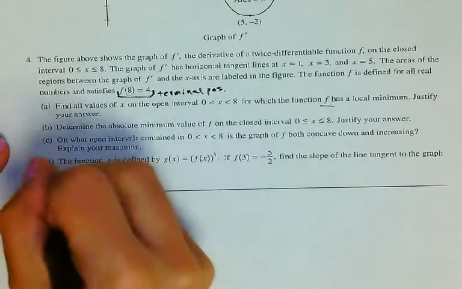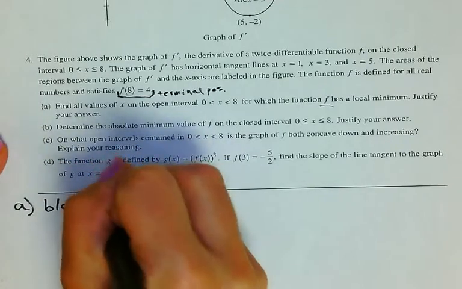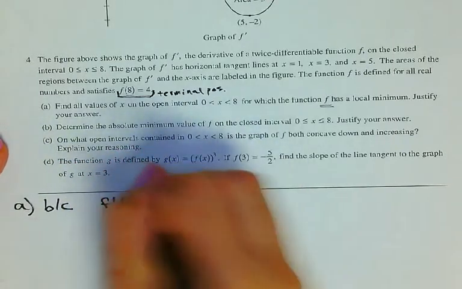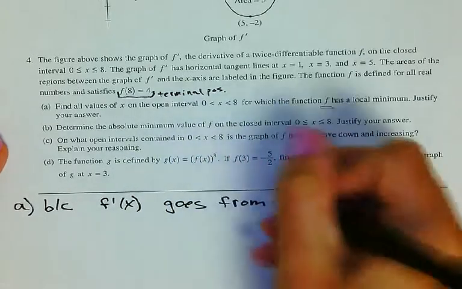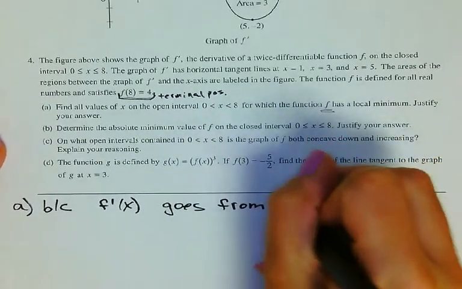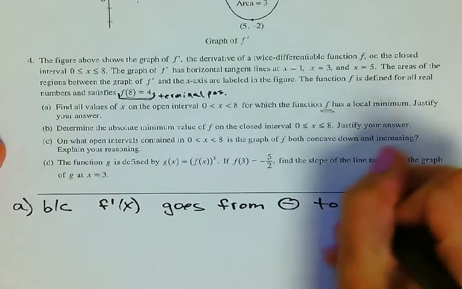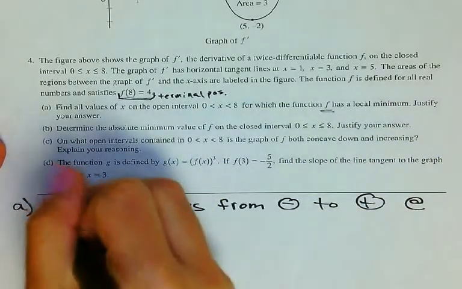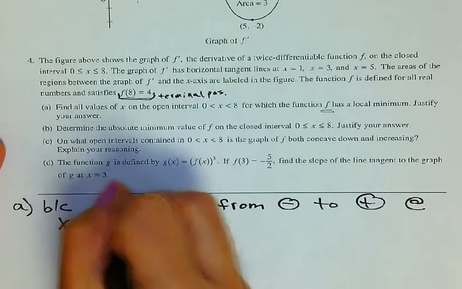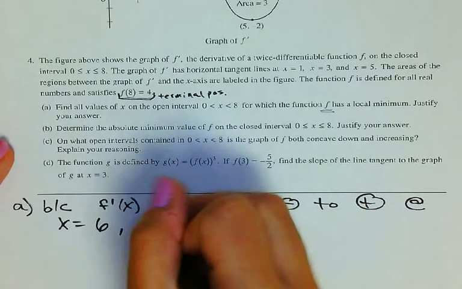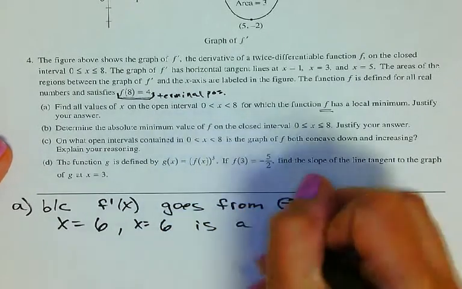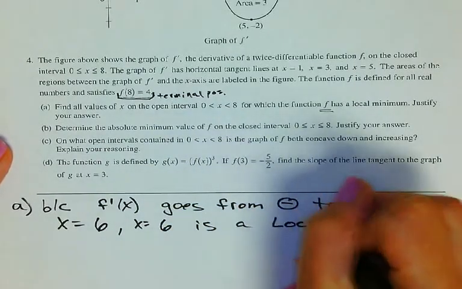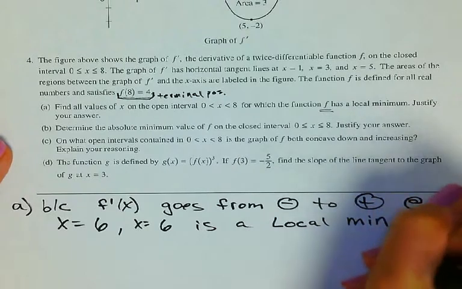So I would say something like, because the derivative goes from negative to positive at x equals 6, x equals 6 is a local minimum.